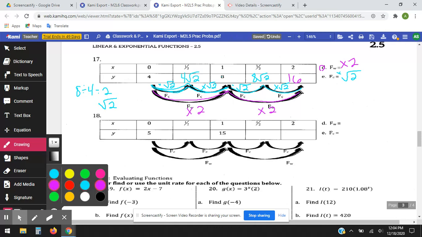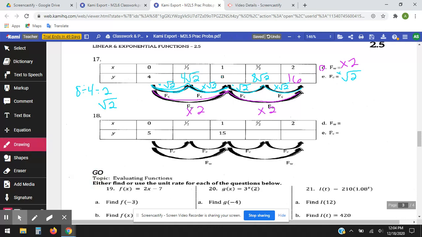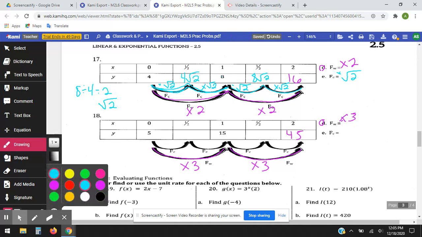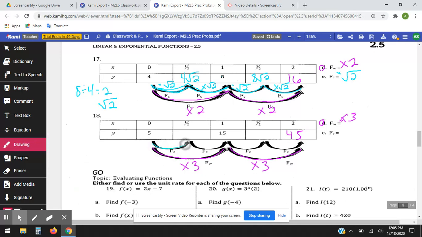So now for 18, here I'm doing the big jump of 5 to 15. Well, 5 times 3 gets me 15. 15 times 3 is 45. So my f of w is times 3. Well, my f of e are my little ones in between. So let's do our geometric meanies. 15 divided by 5 equals 3.